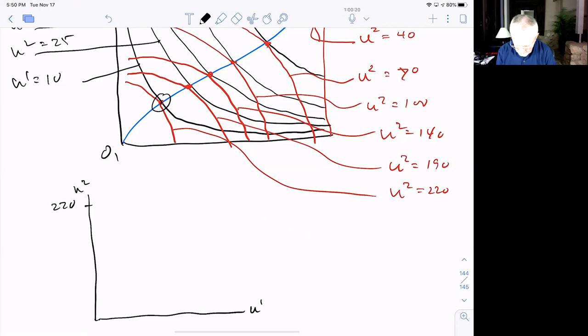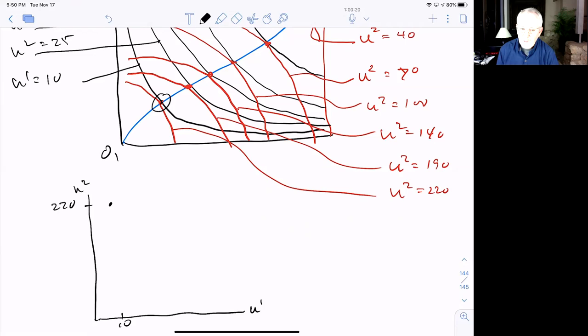At this point right there, I read that off that indifference curve, and utility for person 1 is 10. So there's a point on what I'm going to call my Pareto frontier. That is to say, these are the maximum utilities that can be gotten, because, let me phrase it this way, that 220 would be the maximum utility for person 2 if we were to give person 1 a utility of 10.